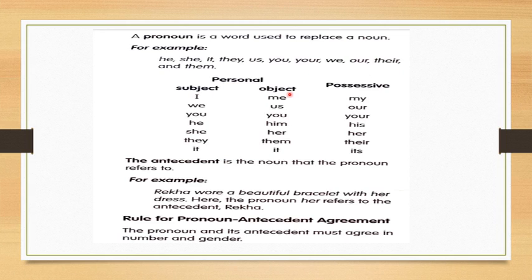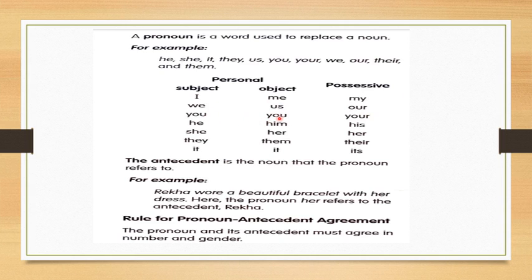So, personal pronouns. Subject is I. When it changes to object, it becomes me. If you're using it for showing possession or ownership, it changes to my. This is I, me, my. Subject we, object us, and possessive case our.